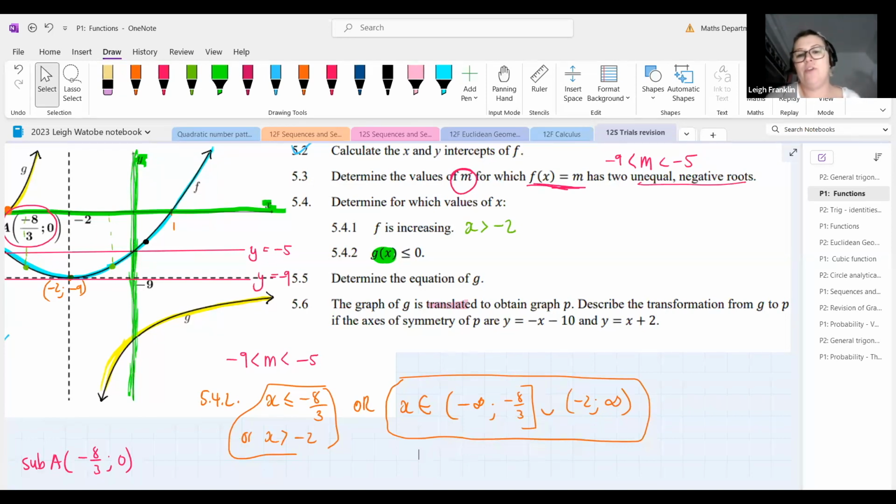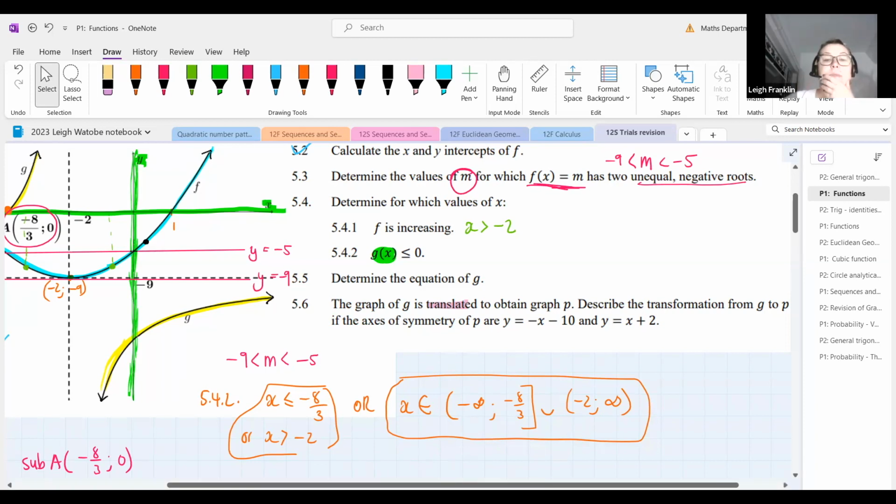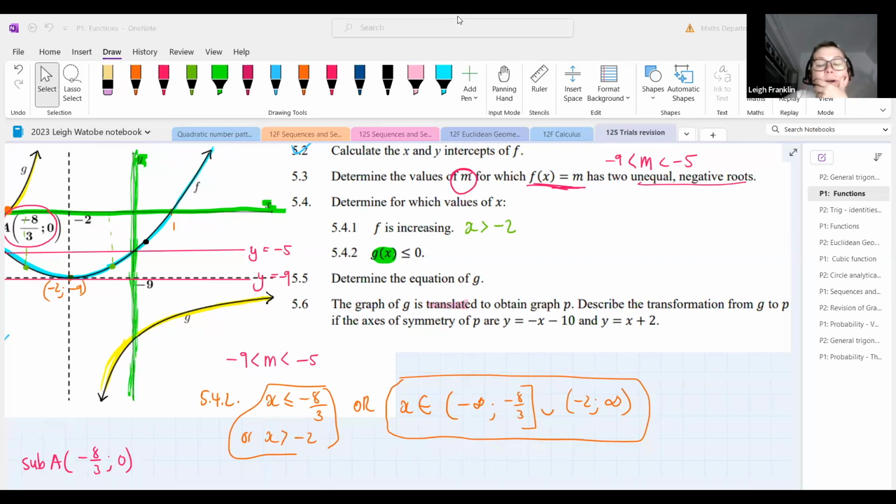Based on the information they've given you, how would you calculate the x coordinate at the new point of intersection of your asymptotes? Aha, Jude, well done. Good job.